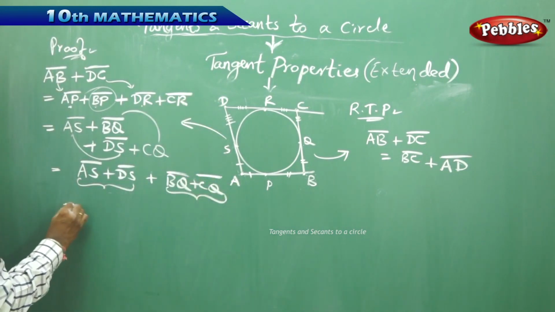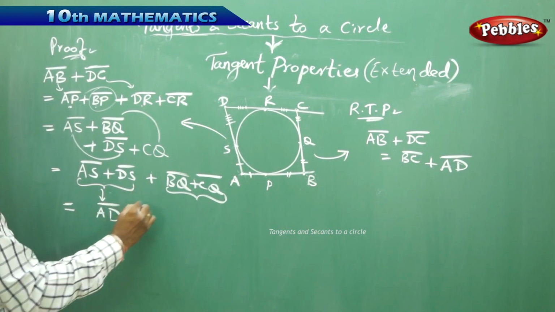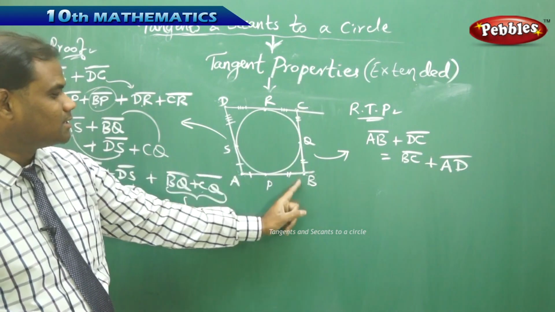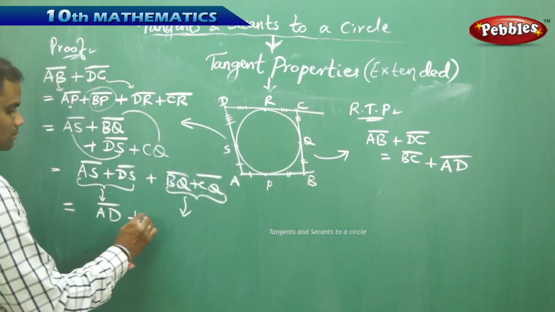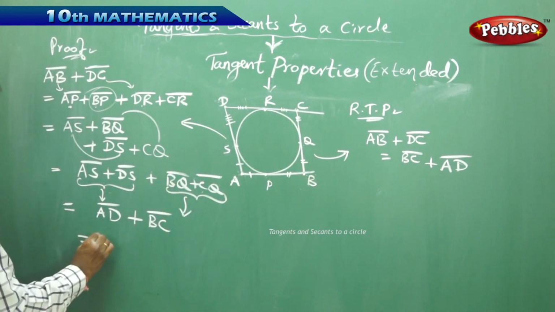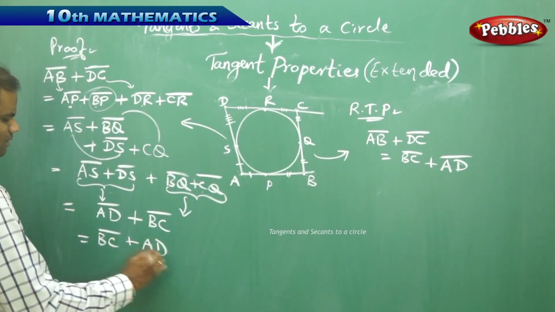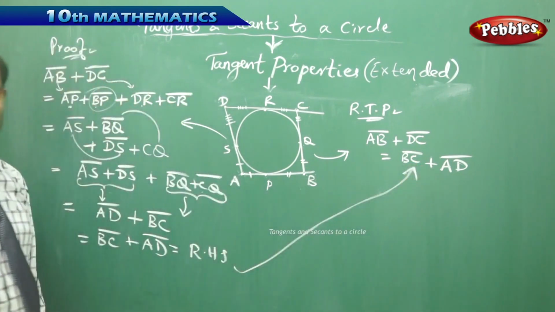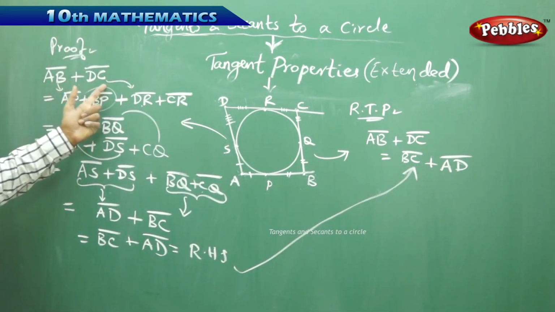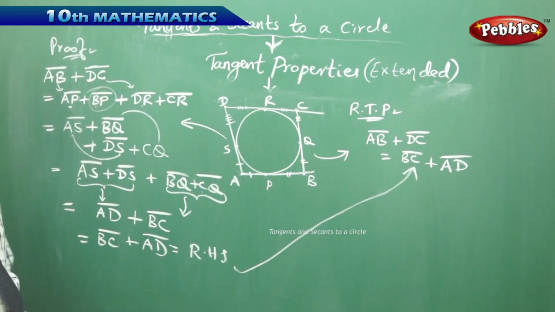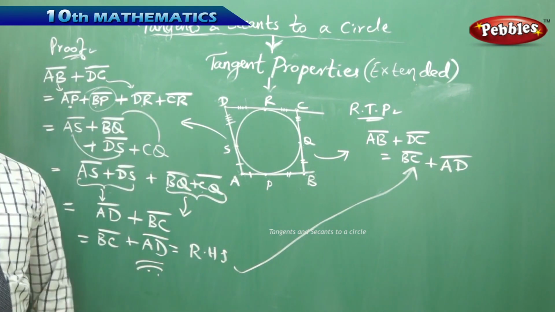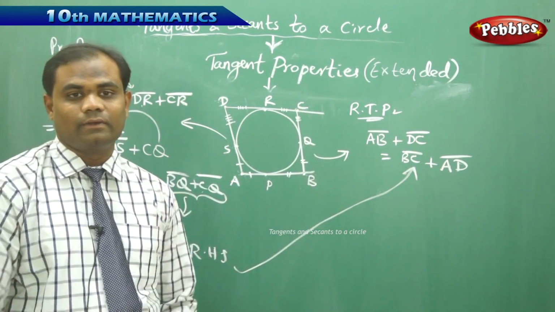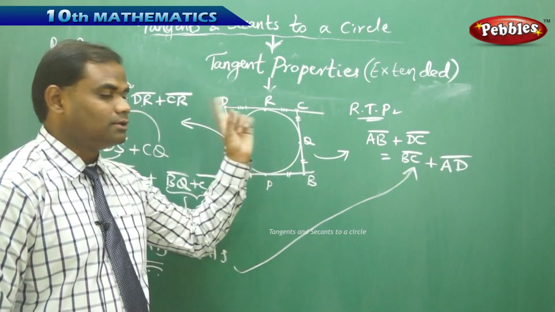And BQ plus CQ can clearly be seen as BC. When rearranged, this gives me BC plus AD, which is clearly the right hand side of the required to prove. Therefore, I clearly prove that AB plus DC is equal to BC plus AD, hence proved. This is how we understand, through the lengths of tangents from the external point, the quadrilateral ABCD around the circle PQRS.